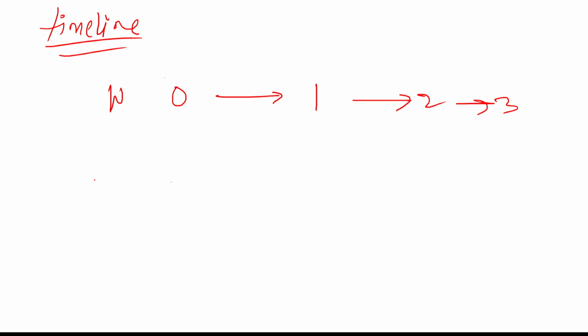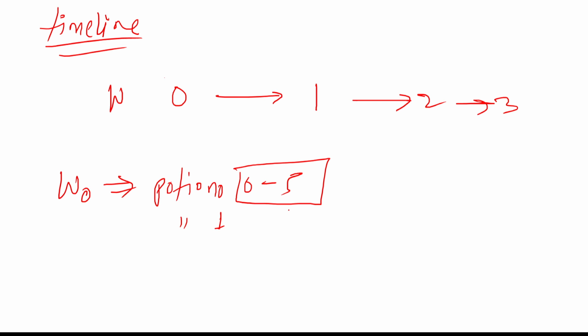So what we can say for wizard 0, right? For wizard 0 we can say the portion from 0 to 5 is there. Then the next portion will become what? This is portion 0, then will be portion 1, right? So portion 0 will become 0 to 5.